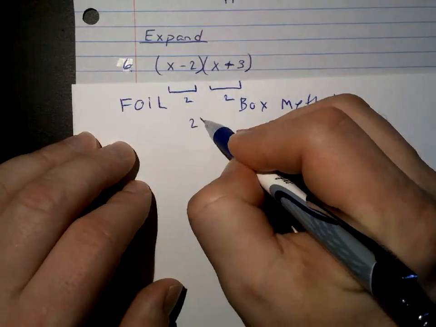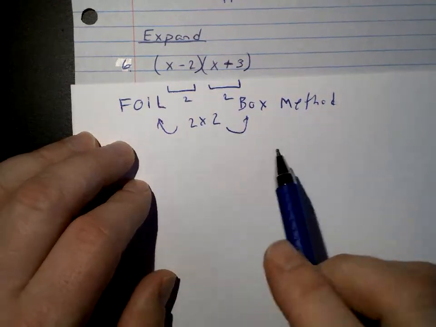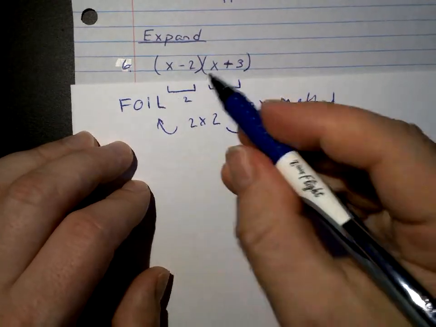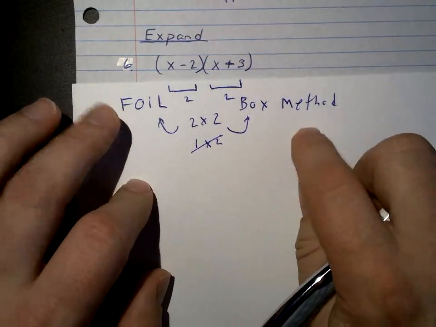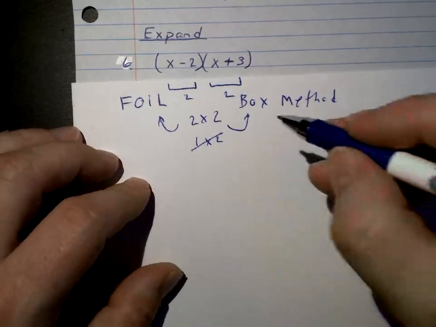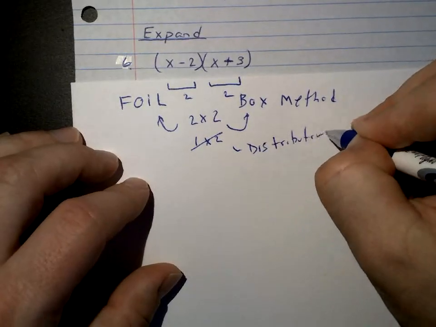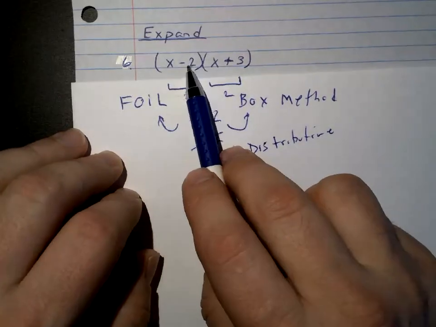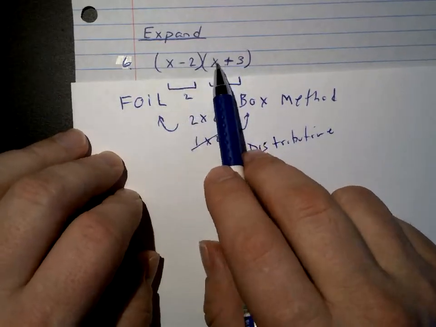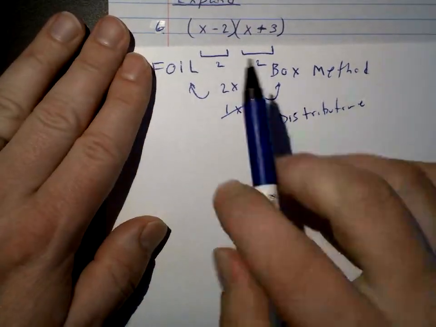When it's a 2 by 2, you can do it that way or do it that way. When it's a 1 by 2, you can't do this method. It's just a simple distributive. So be careful. So this is a 2 by 2, which is a binomial times a binomial. Okay, so we've got to be careful how to do this.